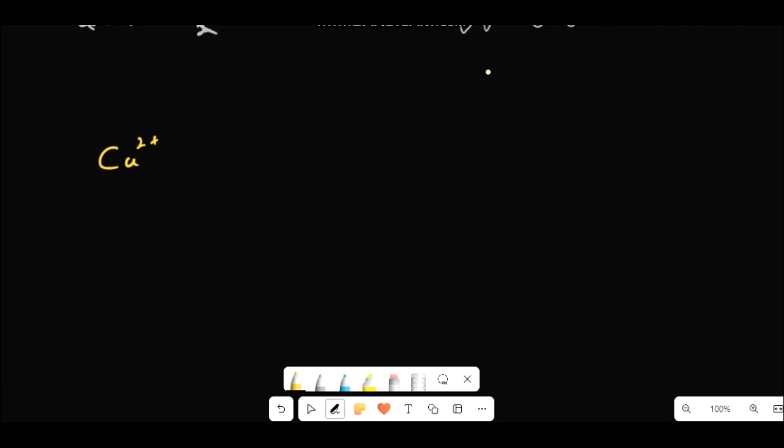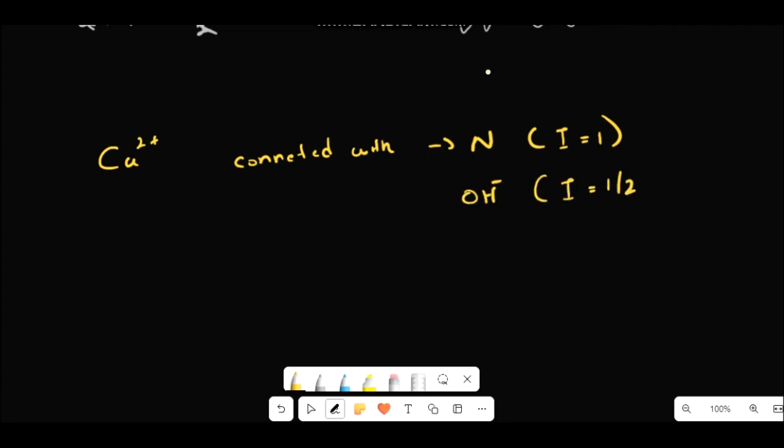This copper 2 plus is connected with a nitrogen atom, which has an I value of 1, and it is also connected with one OH minus ion, whose I value is 1/2.